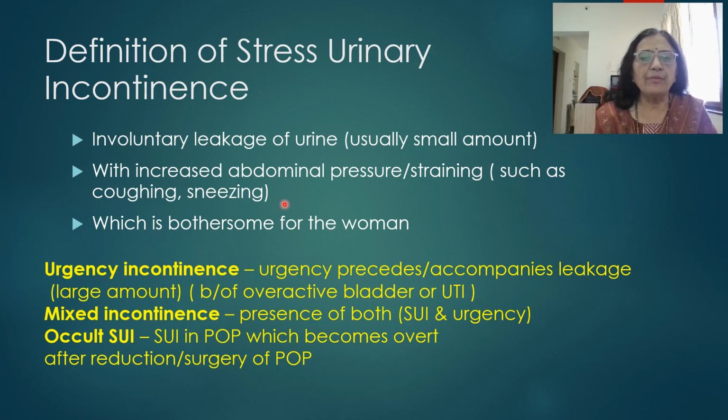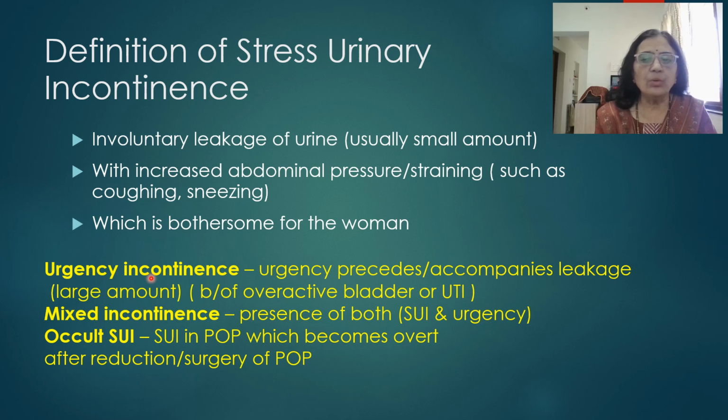And the definition also includes that this passage of urine is bothersome for the woman. So these are the three components of the definition of stress urinary incontinence. There is incontinence with increased abdominal pressure and it is bothersome for the woman.